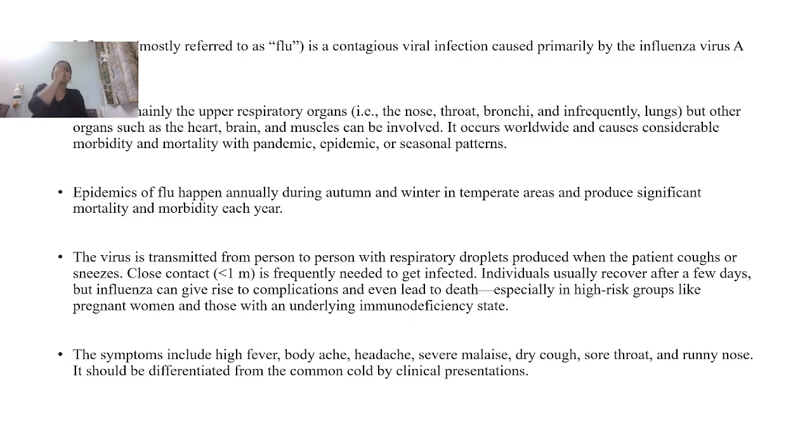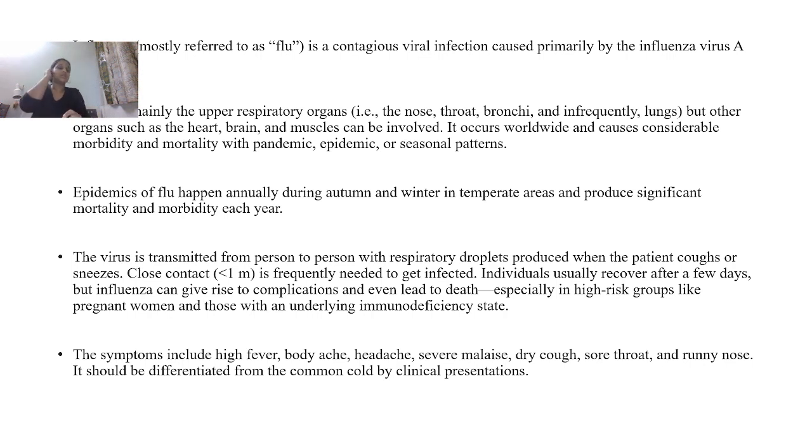So then let us jump to influenza. Influenza, which is mostly referred to as flu, we all know flu, seasonal flu, is mostly caused by influenza, though other viruses like rhinoviruses and many others are also there. But mostly flu means it comes from influenza.